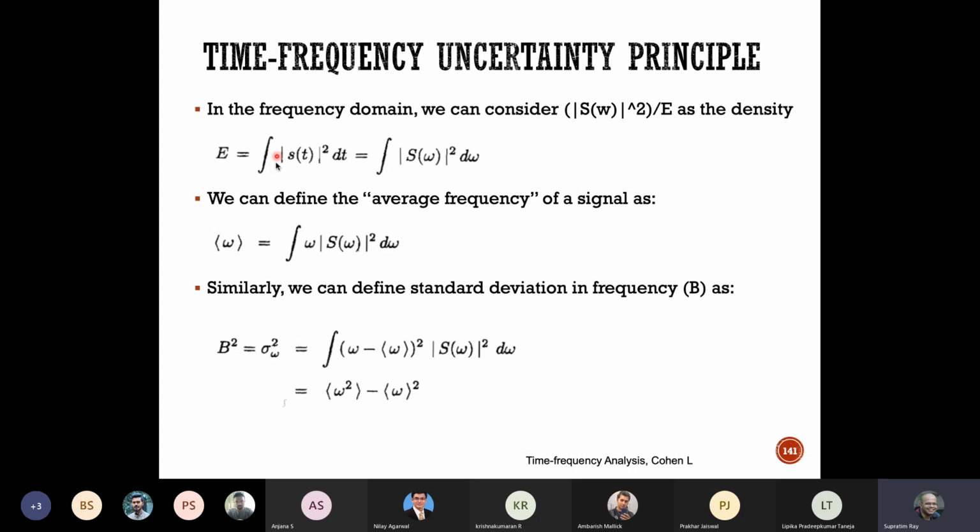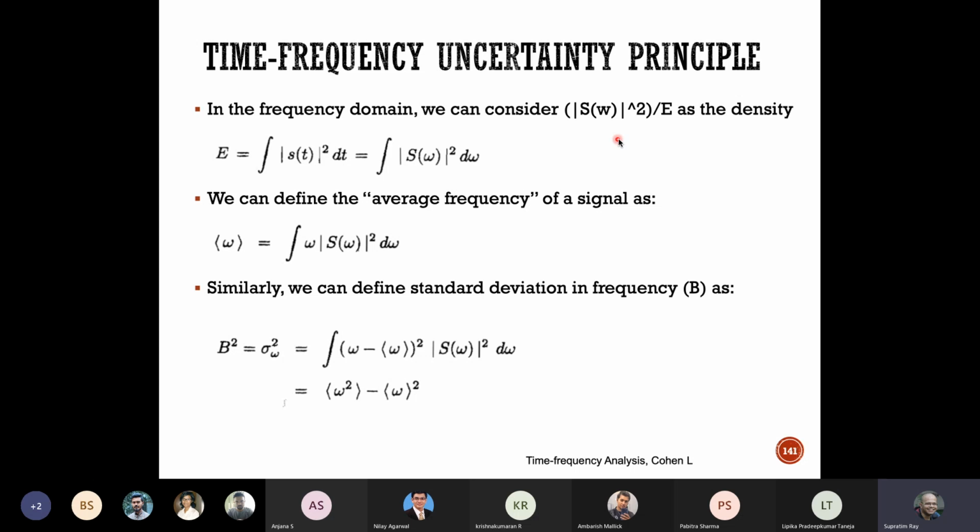Okay, so now think about this s(t) squared, or the mod s(omega) squared, as the energy density function. In fact, you have to normalize with E. So, without loss of generality, you can just think that E is 1. If not, you just divide this by E so that this whole thing integrates to 1.